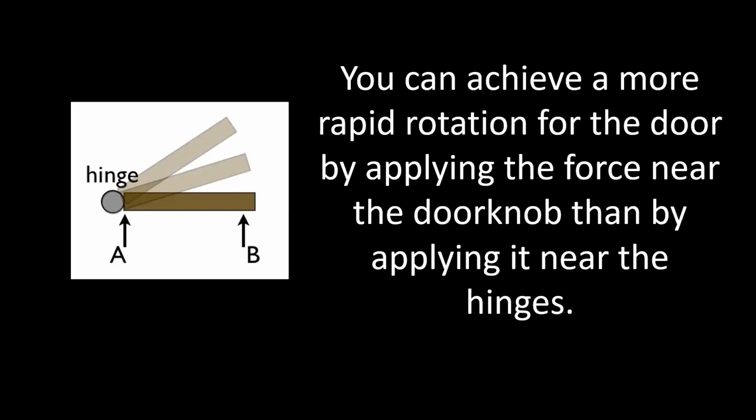In order to achieve the same rapid rotation which you need to open the door. And it's much easier to make the door rotate if you apply the force farther away from the hinge, or actually at the doorknob. That's why doorknobs are placed as far away from the hinges as possible, so that you apply minimum force for maximum rotation.